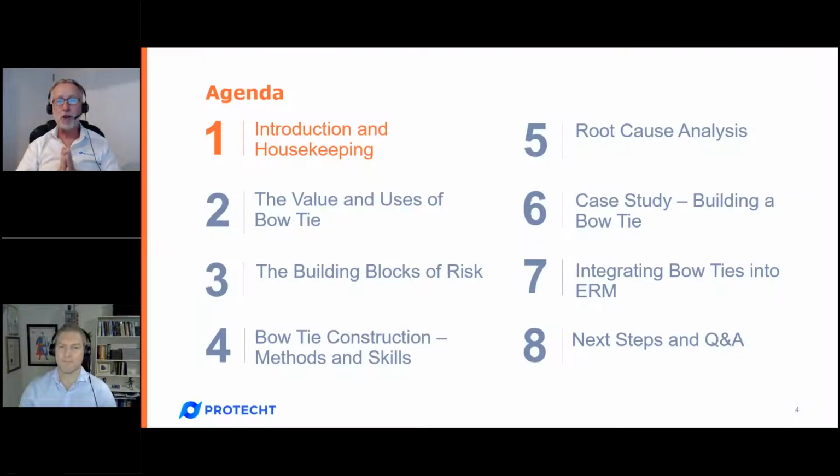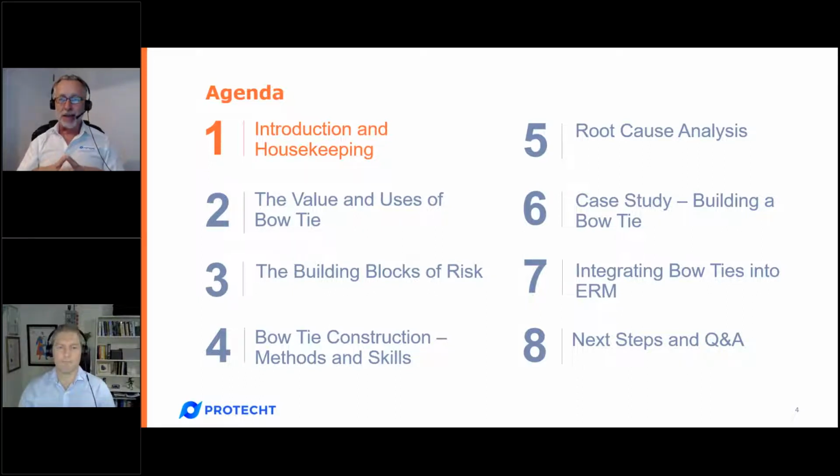In terms of the roadmap for today, I'm going to do a little bit on intro and housekeeping, and then we're going to get stuck into the session. Number 1, why? What is the value and the uses of the risk bow tie technique? Number 2, the building blocks of risk. This is really looking at our palettes of paint, our paint brushes. What are the building blocks that can go into creating the art? Then we're going to look at the actual art class itself: bow tie construction, and the methods and skills required to do it.